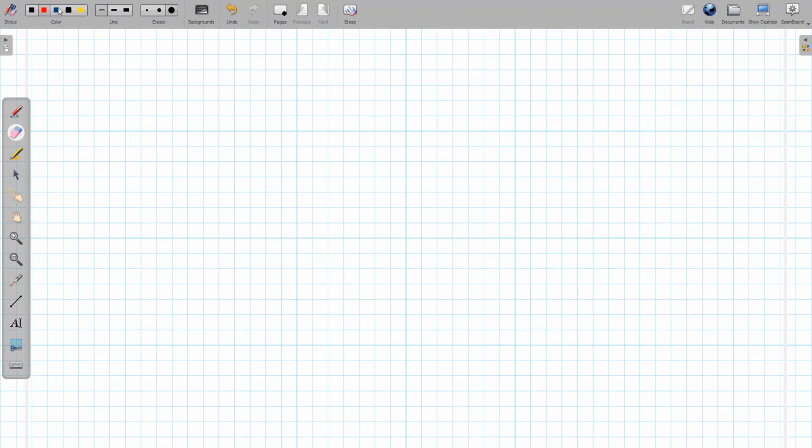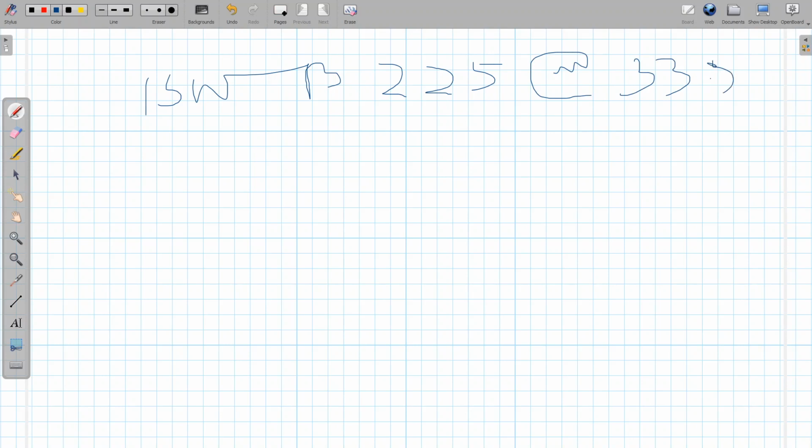Let us take a section, say earlier I said ISWB. Let us take ISWB 225 at the rate of 33.9 kg per meter. What will happen? Earlier, what was that section?